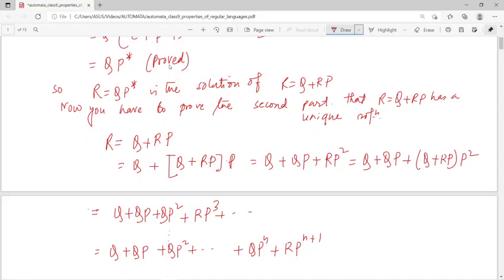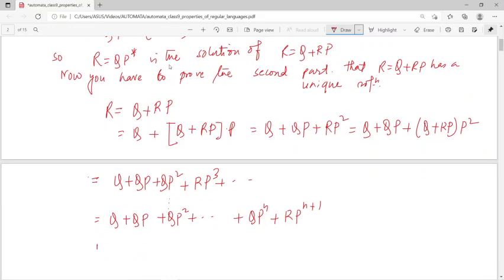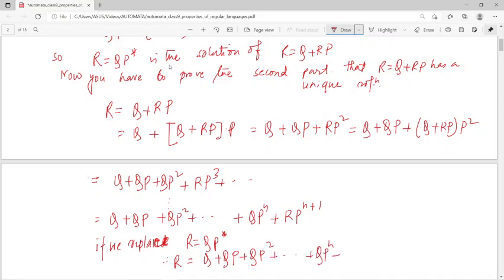So now if we replace R equals QP star, you can say R equals Q plus QP plus QP square, dot dot dot, QP to the power n, plus QP star in place of R, times P to the power n plus 1.